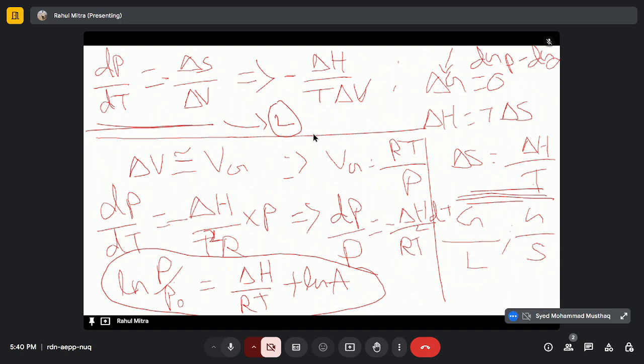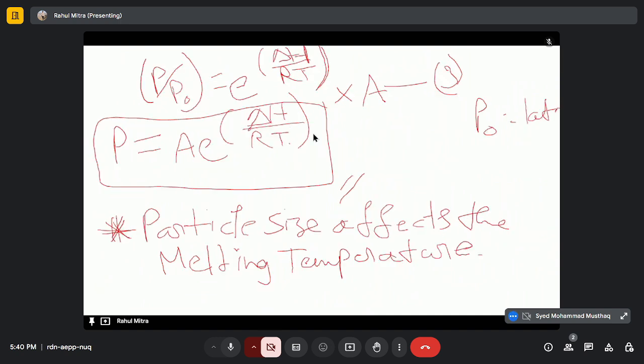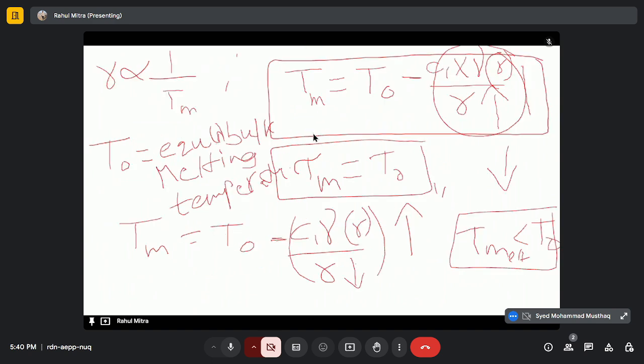And the next term is Tm equals T0 minus C1 times the free energy, which depends on R, divided by the size of the particle.